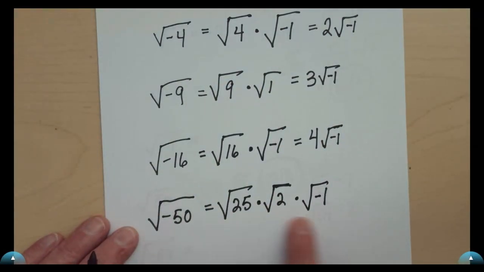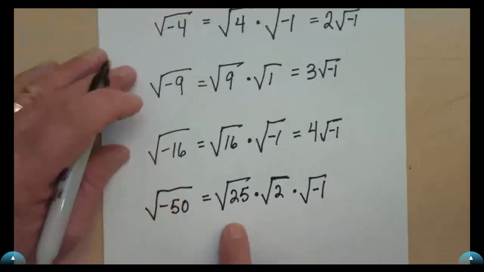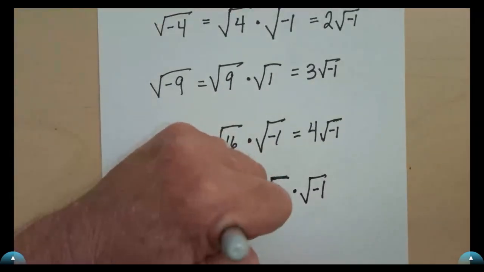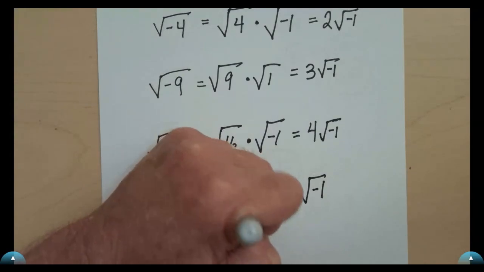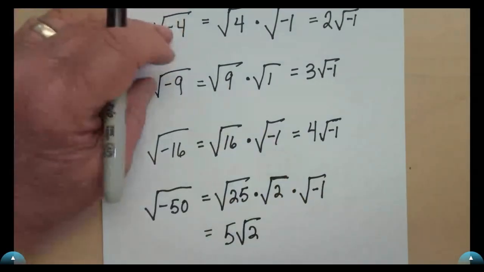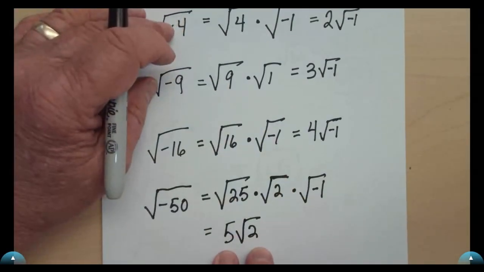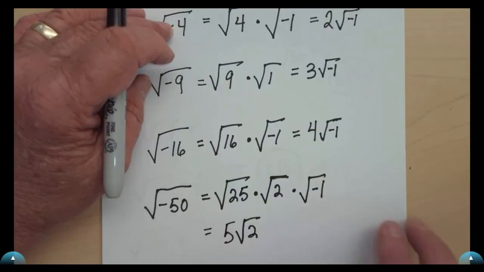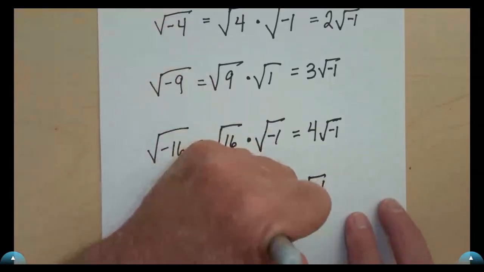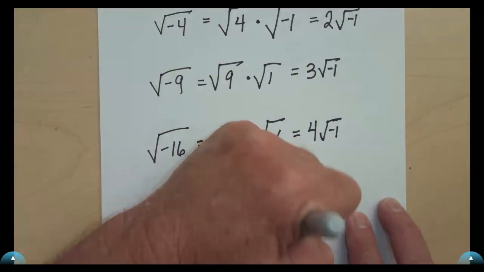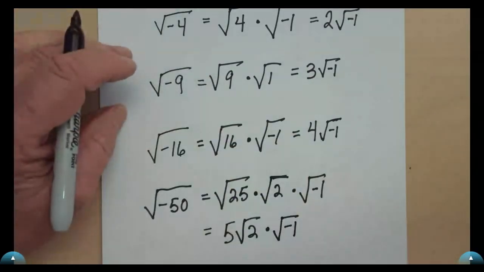So this is a way I could write the square root of negative 50. And I could say that the square root of 25, we've seen, is 5, times the square root of 2. So remember, that's how we simplified the square root of positive 50. But we have that times the square root of negative 1, right?